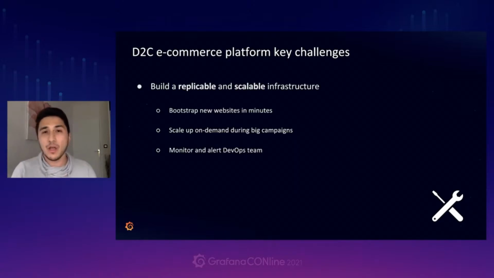In addition, we need to provide a very scalable infrastructure in case of big campaigns. We need to be able to scale it up on demand during Black Friday, for instance. We expect big peaks of traffic, so we need to be there. And during those specific campaigns, we need to be able to monitor and alert our DevOps teams at any time. They need to have the tools to see what's happening on the platforms.